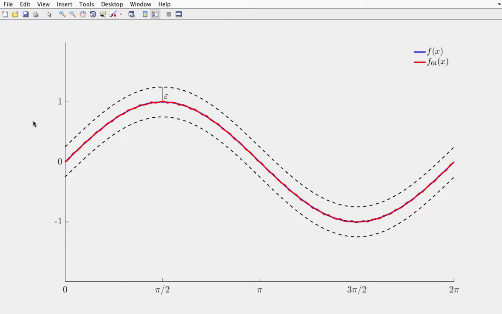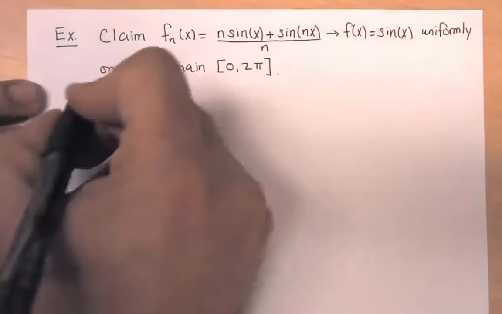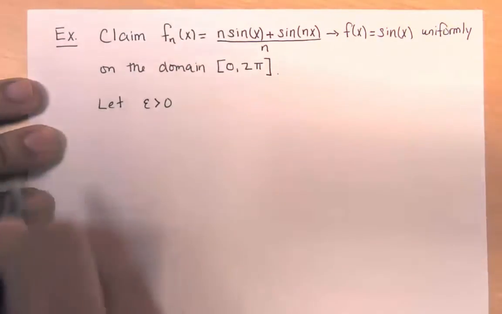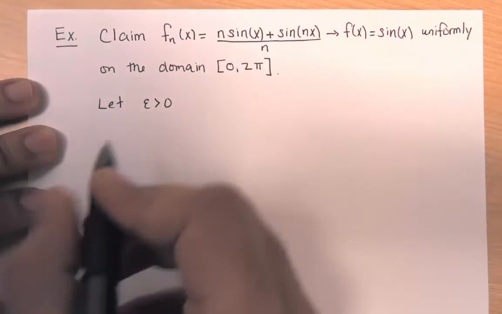Let's show that. Let epsilon be positive. Of course, it's arbitrary.